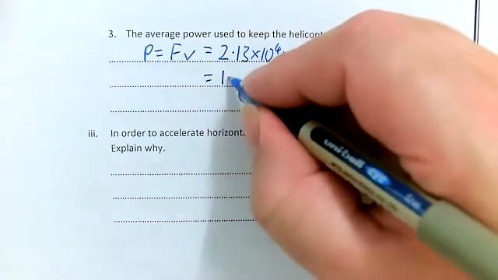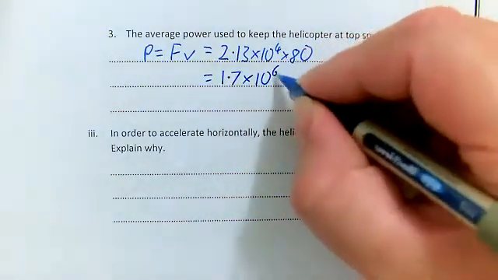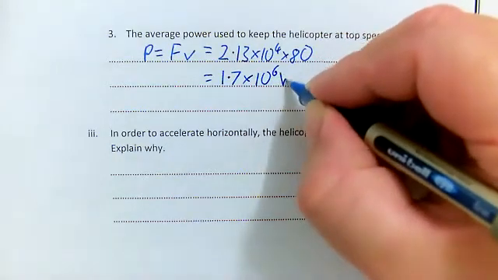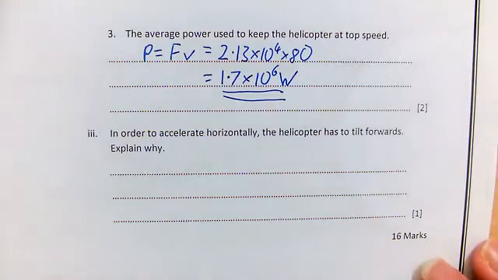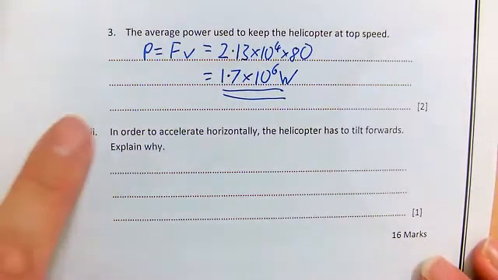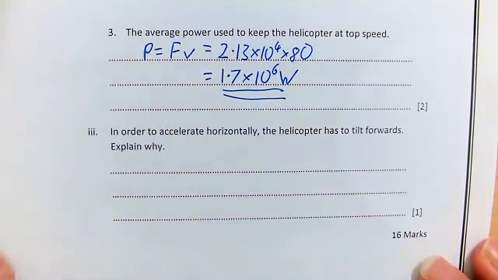That comes out to be 1.7 times 10 to the power of 6 watts or 1.7 megawatts. Okay. So that was one that quite a few people didn't attempt. That was the key there. You have to remember that formula.